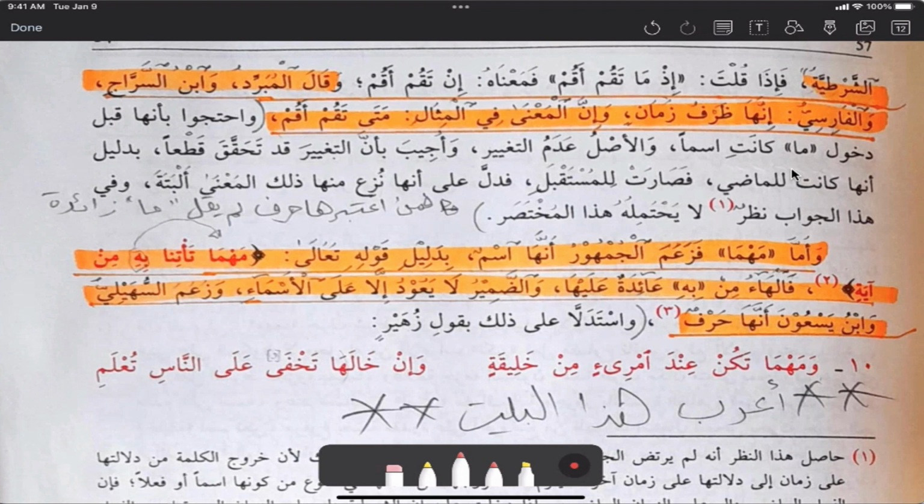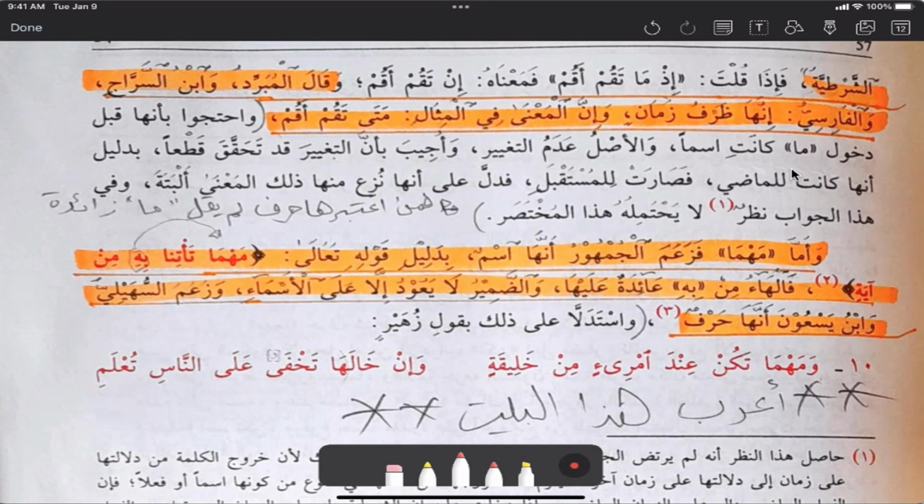Therefore, if you were to say, idh ma taqum aqum, it means in taqum aqum. Idh ma, if. Taqum, you stand. Aqum, I stand. If you stand, I stand.